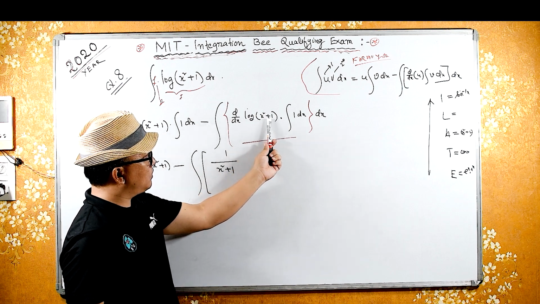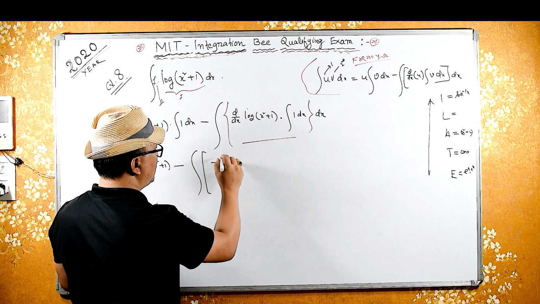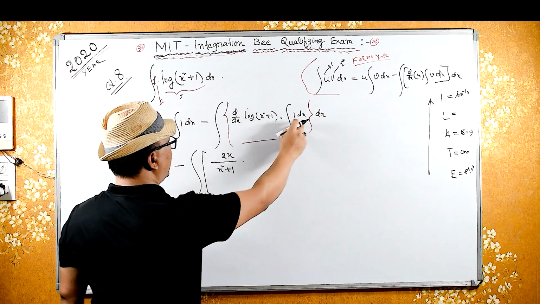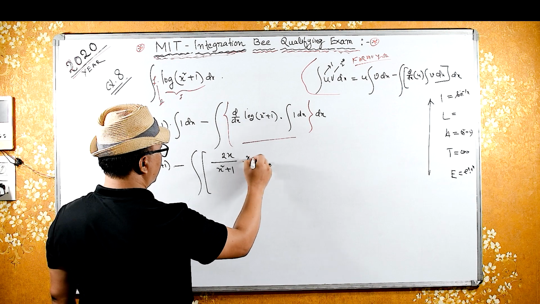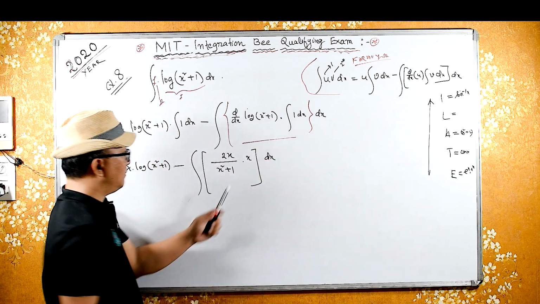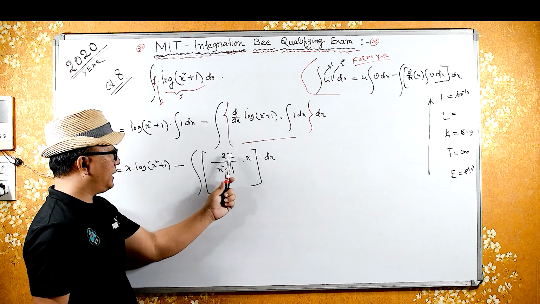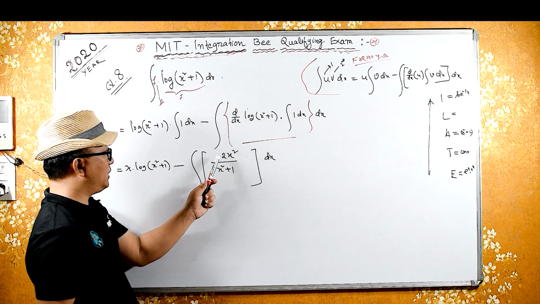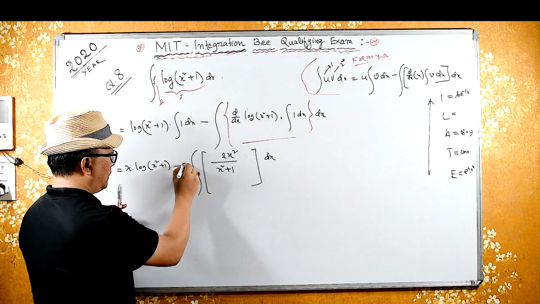Differentiation of x square plus 1 is 2x plus 0. Therefore we have 2x. Now integration of 1 dx is x. Again here dx. Now x and x is x square, and these two, the 2, I can bring outside.